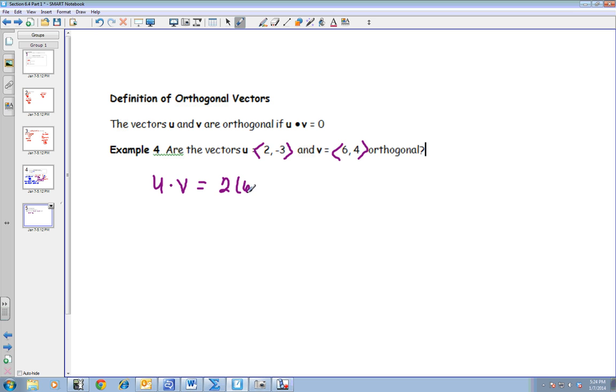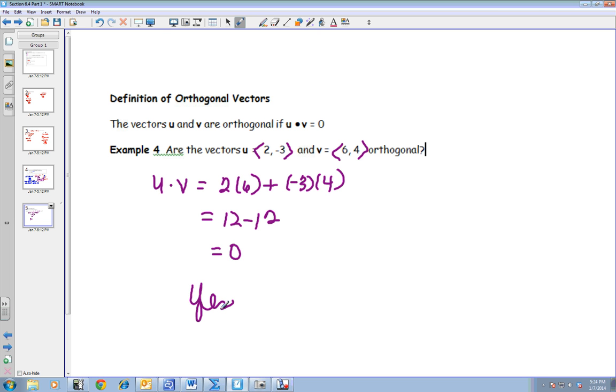It's 2 times 6 plus negative 3 times 4, 12 minus 12, 0. So yes, they are orthogonal because their dot product is 0. The terms orthogonal and perpendicular mean essentially the same thing. They meet at right angles.